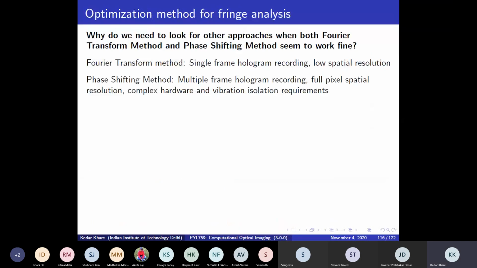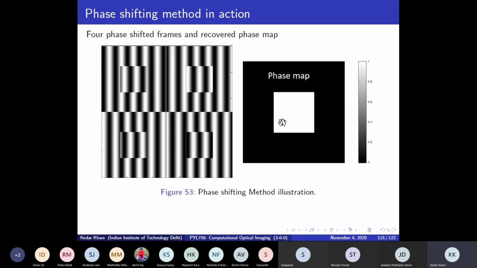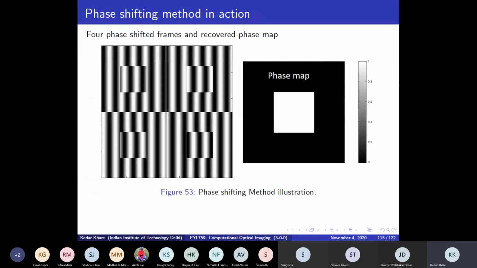And the second method is the phase shifting method. If you look at the reconstruction here, this was a step-like object, and you can see that the step is very well recovered, meaning once you have 4 holograms, this operation of arctangent that I have shown here works pixel by pixel, and so each pixel works independently, and so there is no reason to lose any resolution.